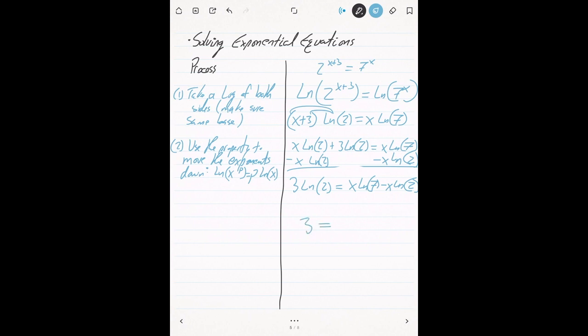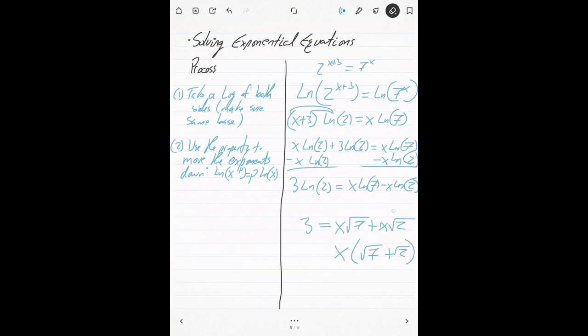Say I had 3 equaling x times root 7 plus x times root 2. Well, we couldn't really combine these together in any way, like we couldn't add them together. So what did we do instead? We would factor out the x.